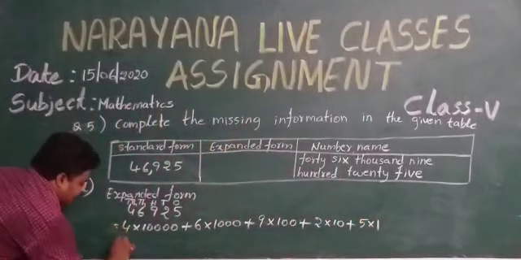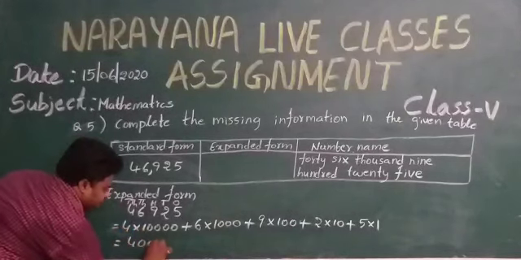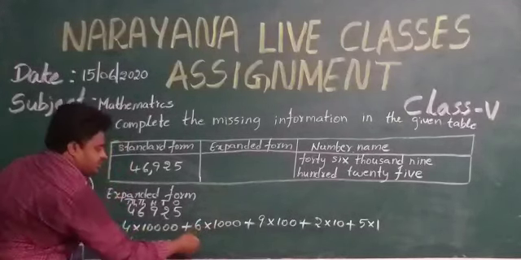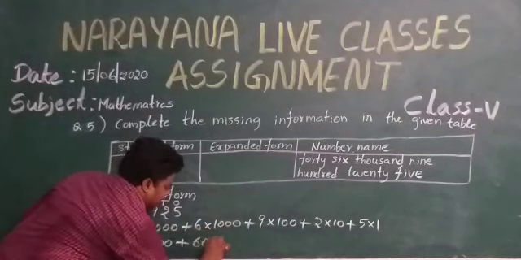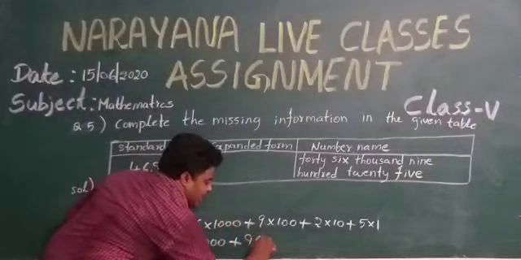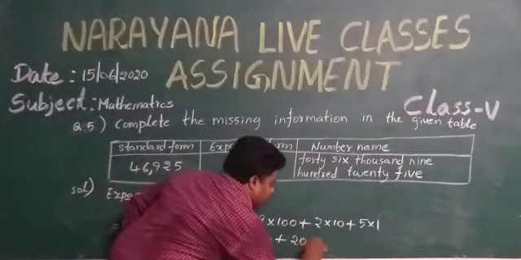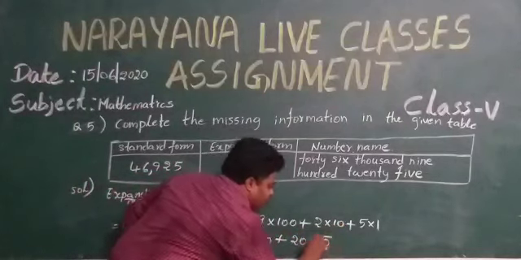So that is 4 into 10,000, 40,000, plus 6 into 1,000, 6,000, plus 9 into 100, 900, plus 2 into 10, 20, plus 5 into 1, 5.